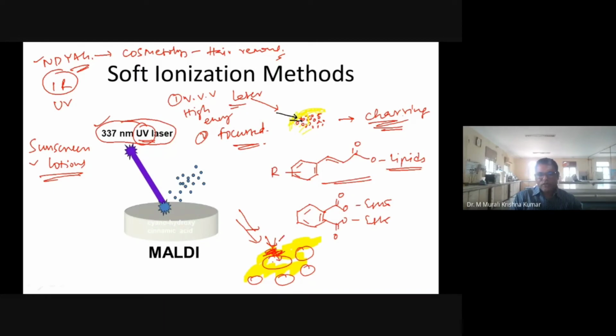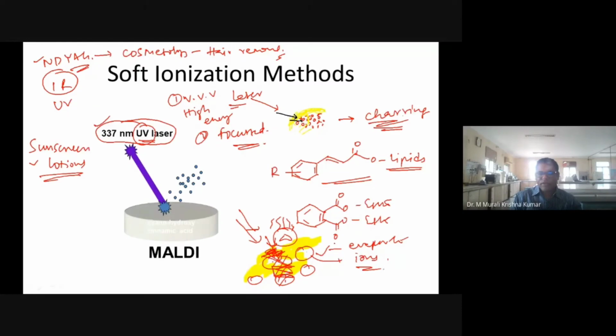It generates so much heat, very high energy. Because of the heat, it will evaporate, and second, this area gets destroyed. What about the nearby area? These compounds will get enough energy so that ions are generated.